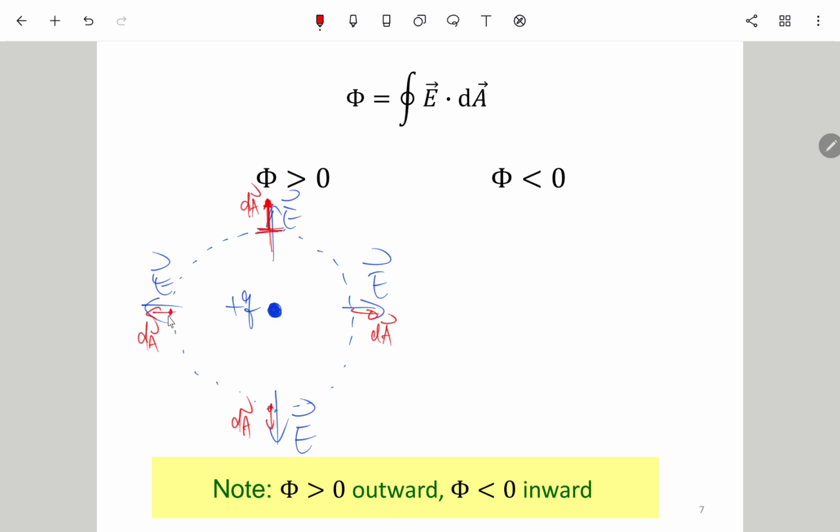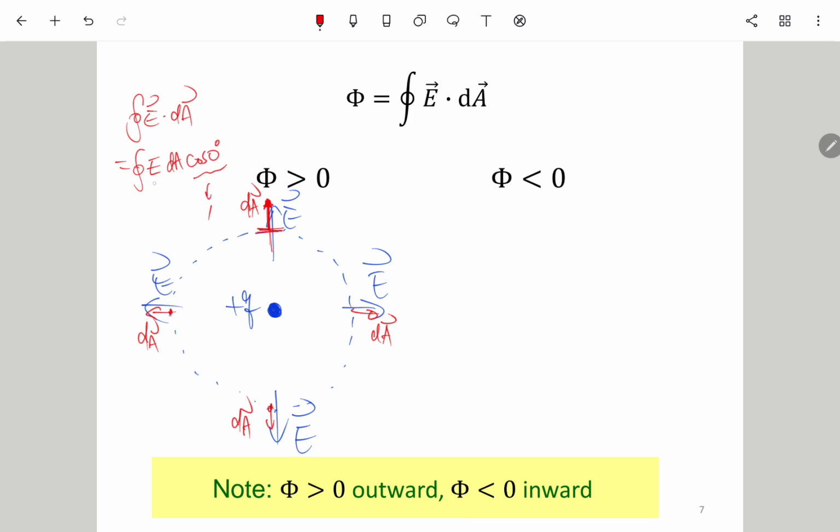Okay, so here we can simply see that in this figure it's almost like integration of E dot dA, and we can see that E and dA are all pointing in the same direction, which means that we have E times dA cosine of 0 degrees, and cosine of 0 degrees is actually 1.